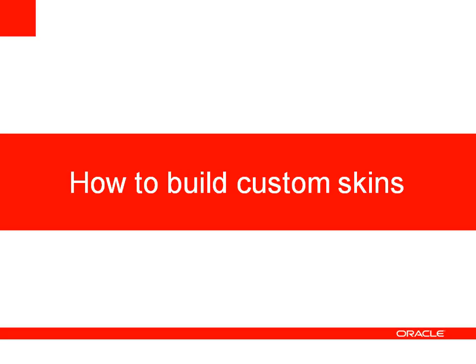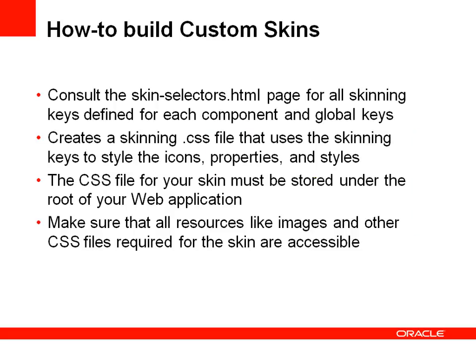Now, how to build skins. Now it's getting interesting. First of all, there's documentation. This documentation is on OTN. You find it on the developer guides, where the development docs are, in the API section. There is a document called the ADF Faces Skin Selector documentation, and this is a very long document.